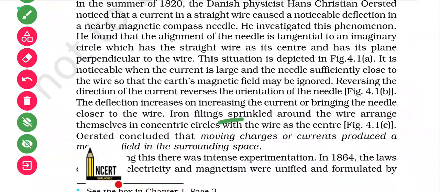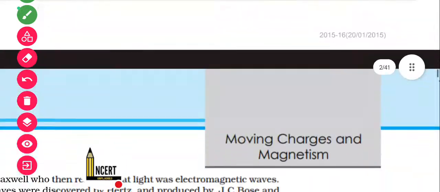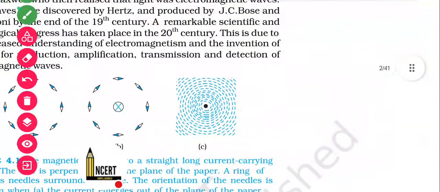Iron filings sprinkled around the wire arrange themselves in concentric circles with the wire at the center. When he did another experiment, which you must have done too, if we sprinkle iron filings around a magnet, there's a pattern in which the iron filings arrange themselves.